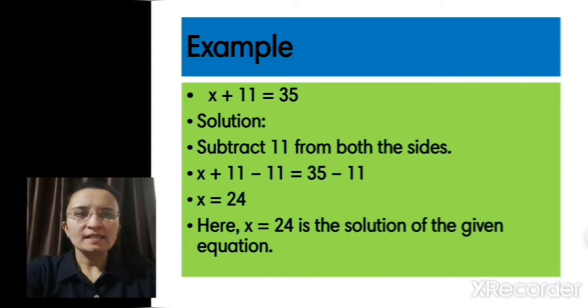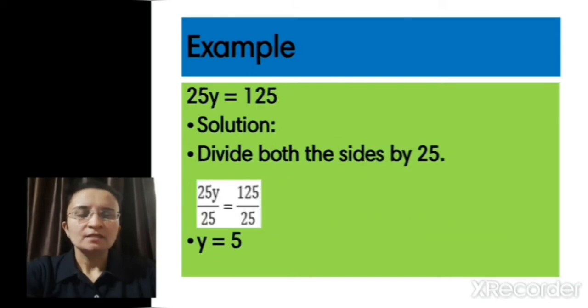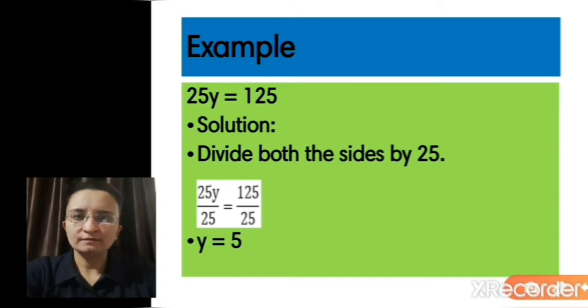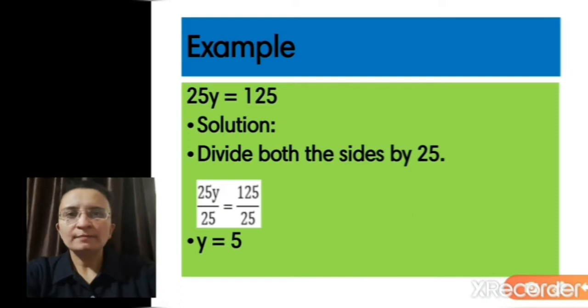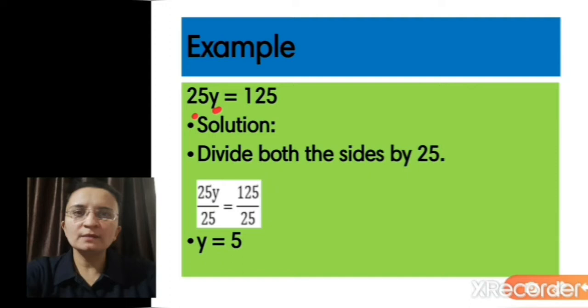Now let's have the second example. 25y equals 125. Here we need to separate variable y from 25. So what will we do? We will divide both the sides by 25.